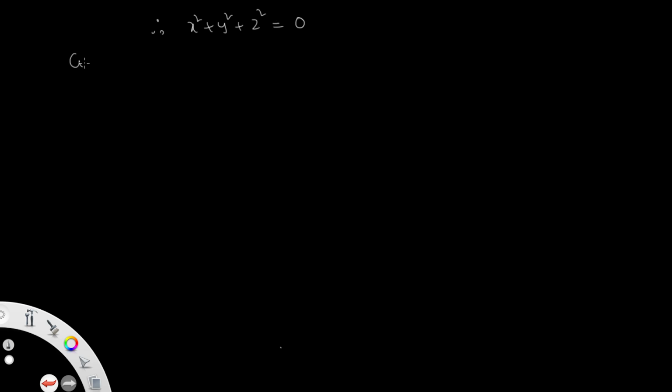Next, x we have taken as (cis alpha) whole square, next (cis beta) whole square plus (cis gamma) whole square, equal to 0 plus i into 0, since the cos terms and sin terms each give 0.